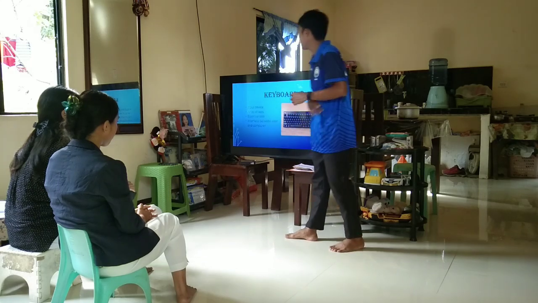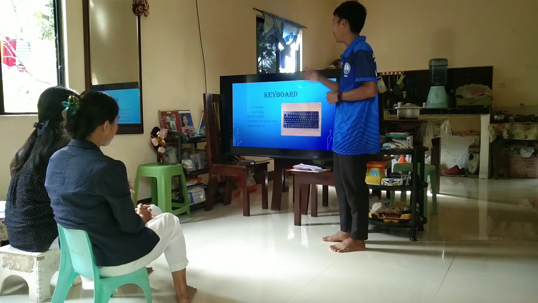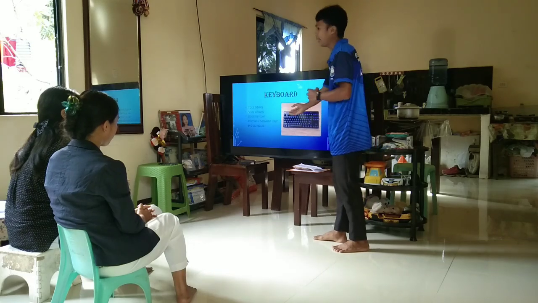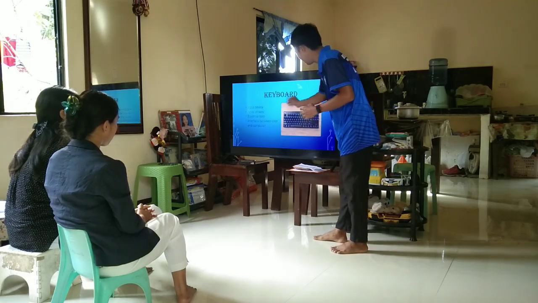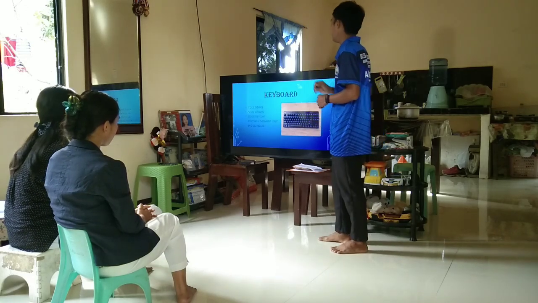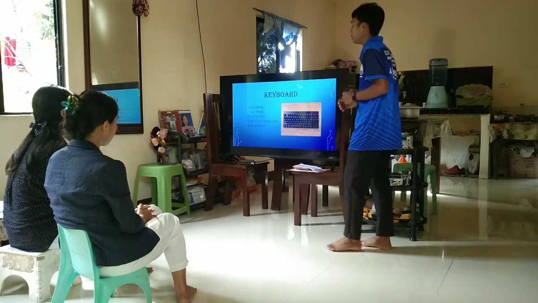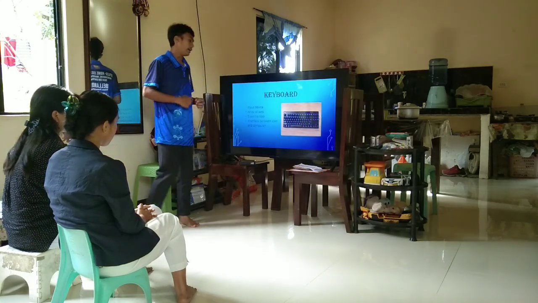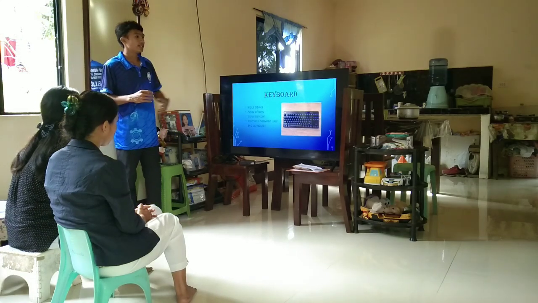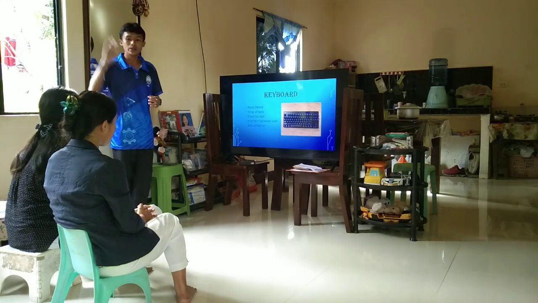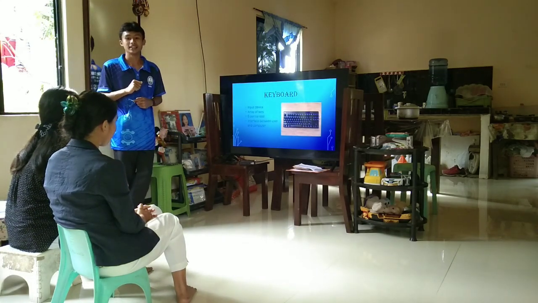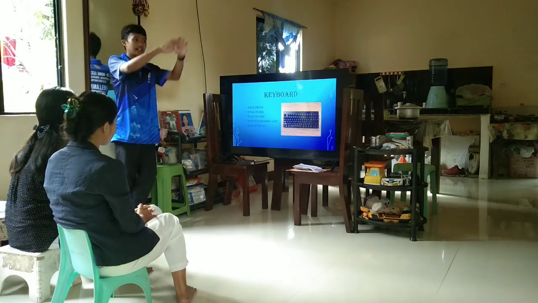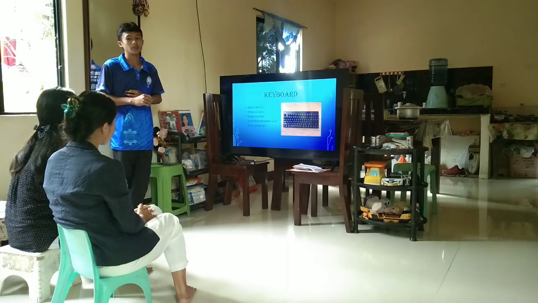So the next definition is array of keys. So the keyboard consists of many keys like these buttons. Okay. So the next is essential tool. So why is the keyboard an essential tool? Do you know what is an ENIAC? The ENIAC is the first computer that was invented, a very big computer, right?